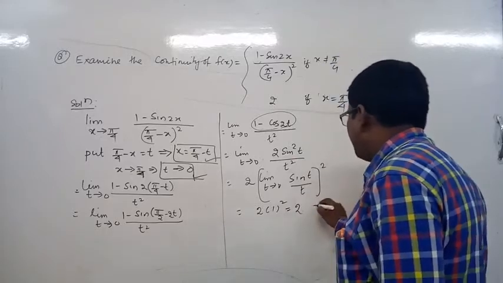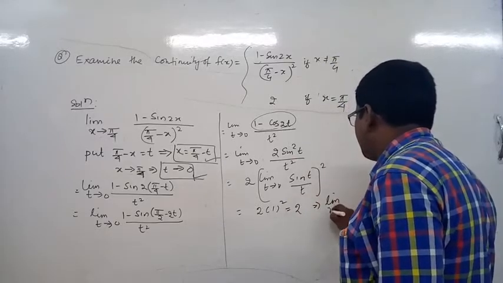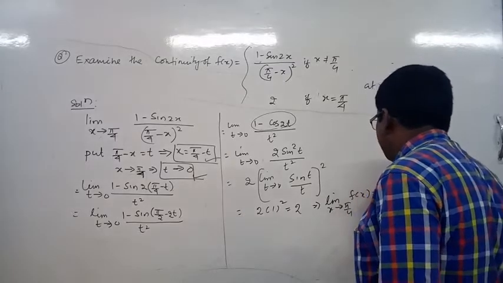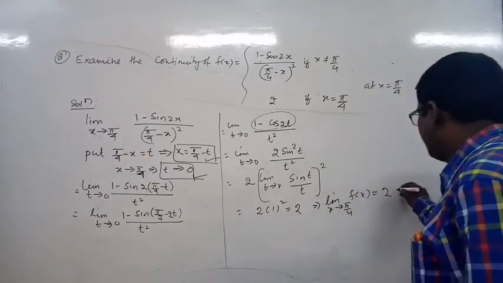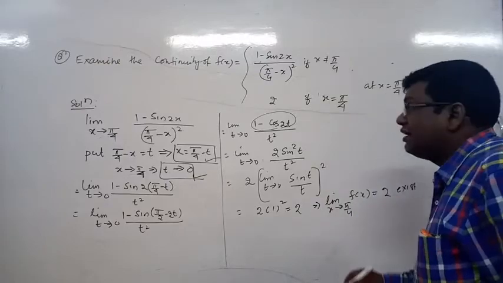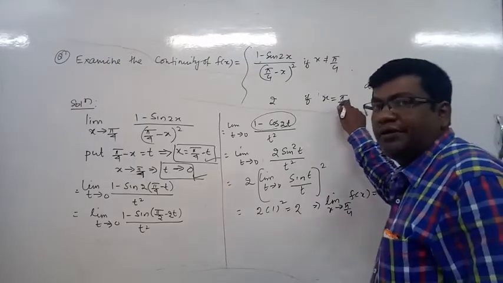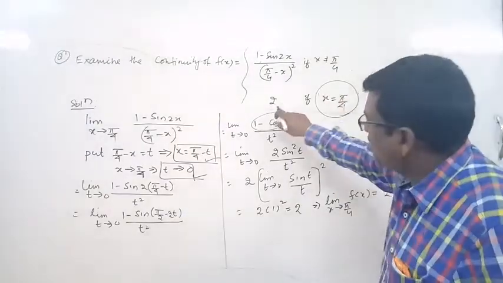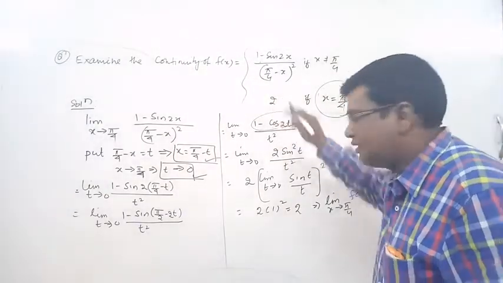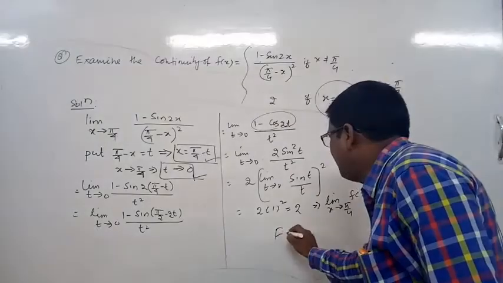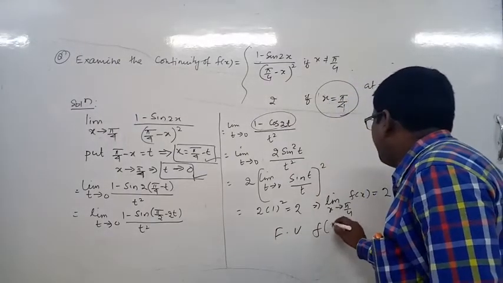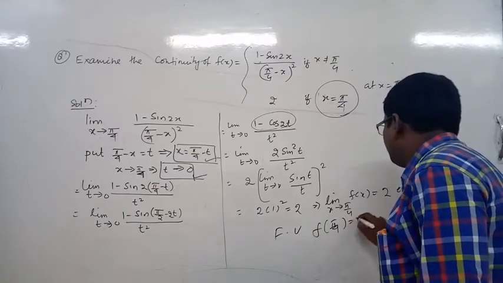That is, limit x tends to pi by 4 f of x is equal to 2, it exists. And what is the functional value here? Here x is equal to pi by 4, then its corresponding value is 2, right? So the functional value f of pi by 4 is equal to 2.